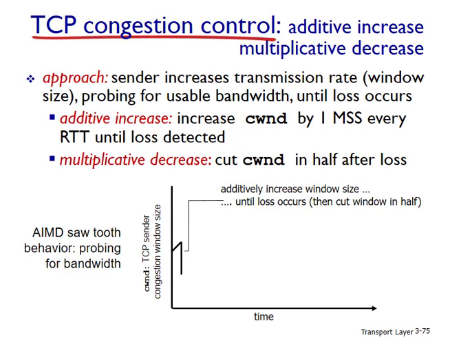The congestion window, denoted by CWND, imposes a constraint on the rate at which the TCP sender can send traffic into the network. Specifically, the amount of unacknowledged data at a sender may not exceed the minimum of CWND and RWND, that's the receive window.